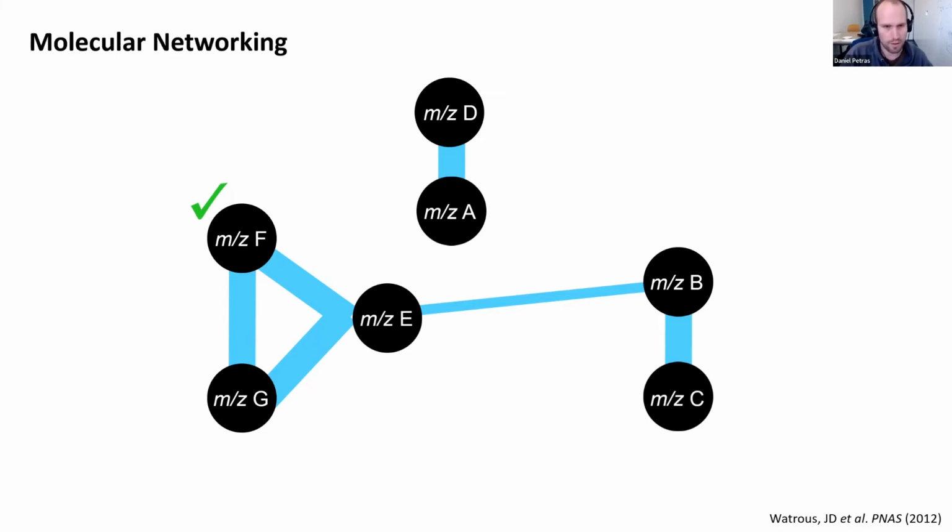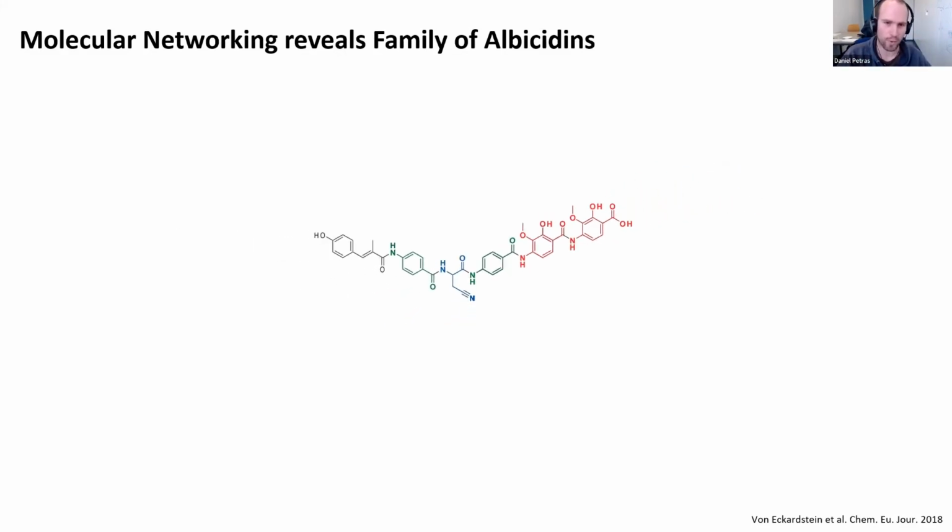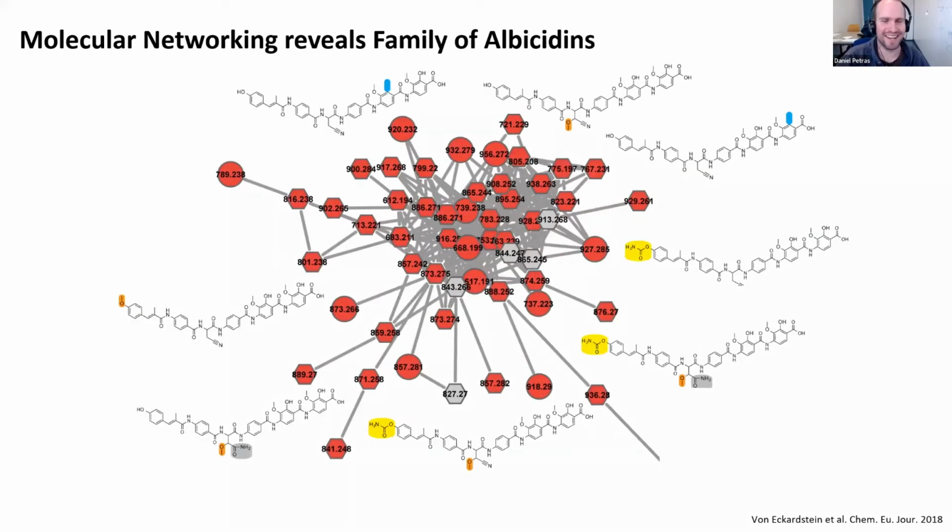Or in my case, for the albicidins, besides the few I had already annotated by hand, I did another analysis with molecular networking, where in an unbiased, reproducible fashion the algorithm told me which spectra are similar. That way, we could retrieve this entire molecular family, where we identified a bunch of other derivatives we did not know about before.